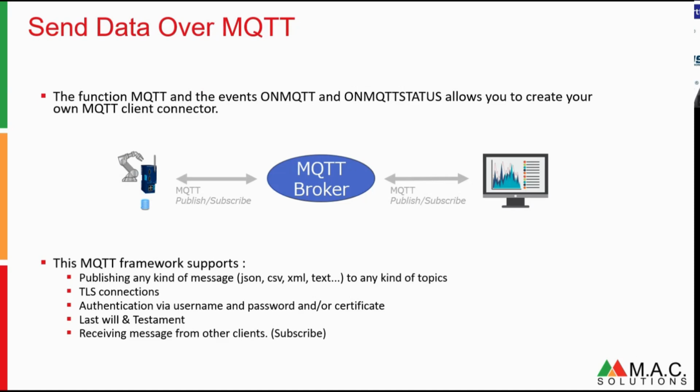Getting started is easy. Flexy comes with a powerful scripting engine. This engine allows you to create your own MQTT client connector. Scripting engine allows you to create custom payloads and supports JSON, CSV, ASCII, and XML type of data.